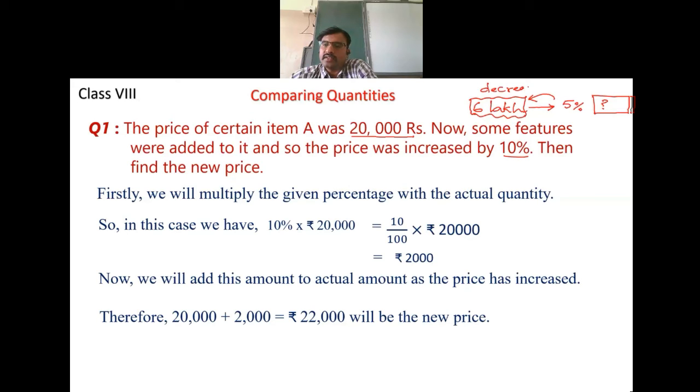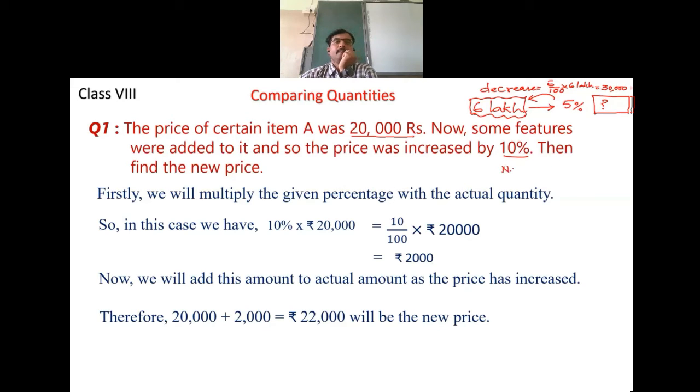The decrease in the amount is nothing but 5 upon 100 times 6 lakh, and it comes out to be 30,000. 30,000 will be the value which is decreased.